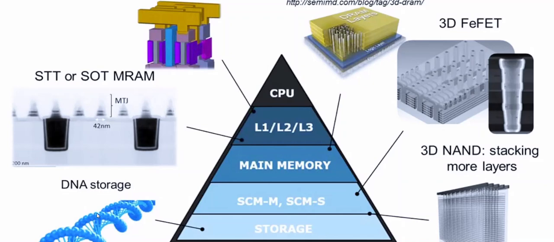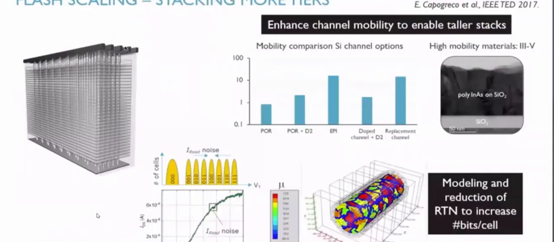Or something which is more realistic is the 3D dynamic random access memory, 3D FeFET, and 3D NAND, stacking more layers. Actually, this is already almost available today. So let me show some future devices. For example, flash memory scaling. The concept is first stacking more layers.